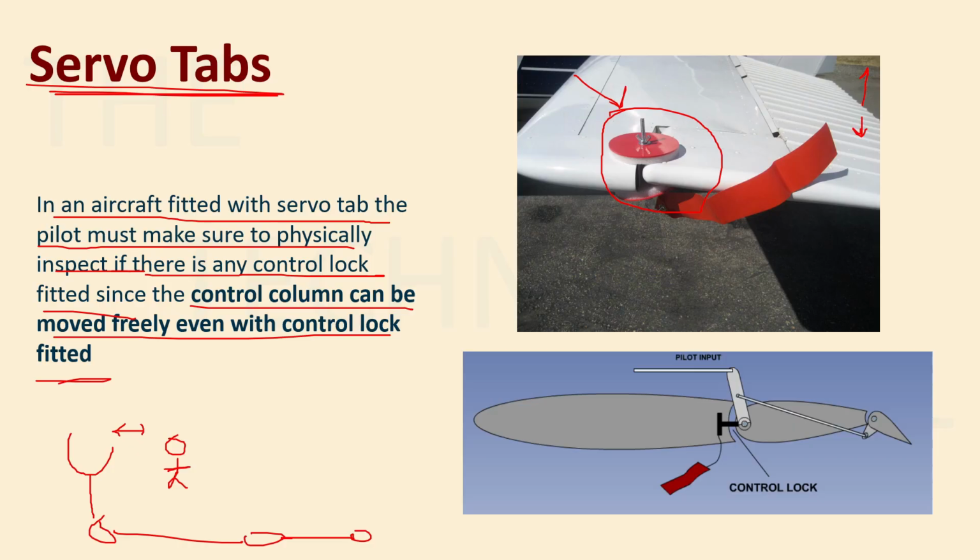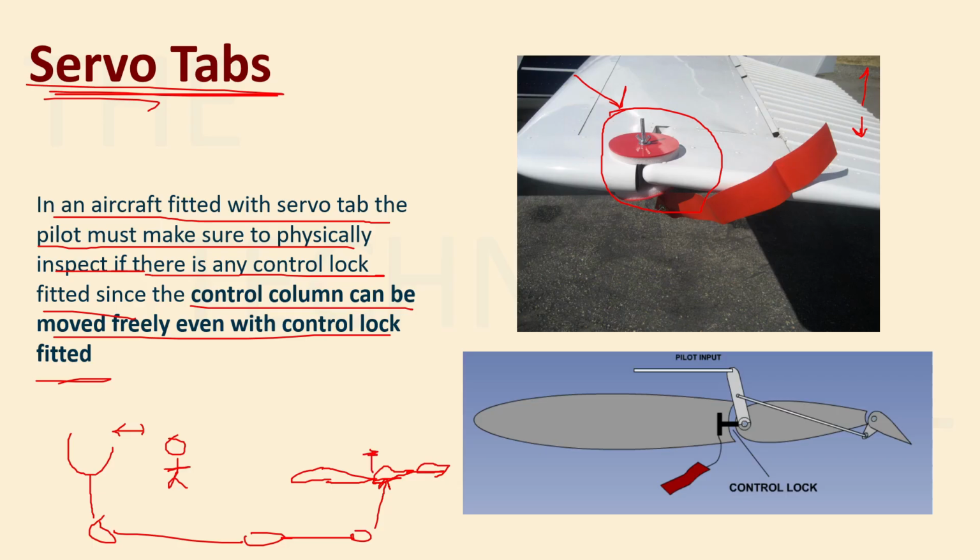But in a servo fitted aircraft, you're not directly moving the elevator, right? So this is the elevator and this is your tab. The pilot thinks he is moving the elevator and that it is working fine because it is not locked, but actually it is locked.